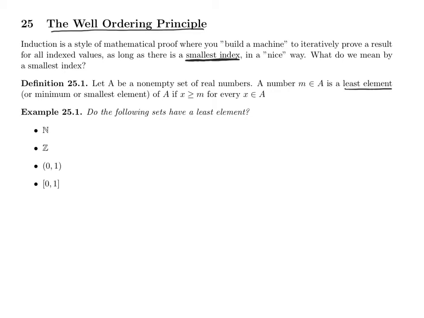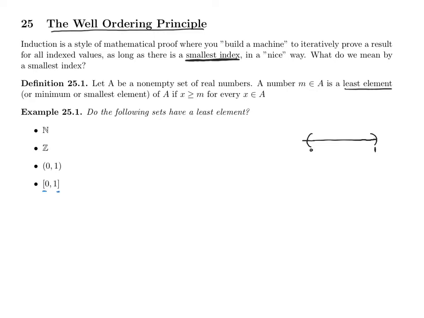So here are some examples. We have the natural numbers or the counting numbers, the integers, the open interval from 0 to 1, so that's all of the real numbers on the number line from 0 to 1, but not including 0 and 1. And then we have the including version with the square brackets.